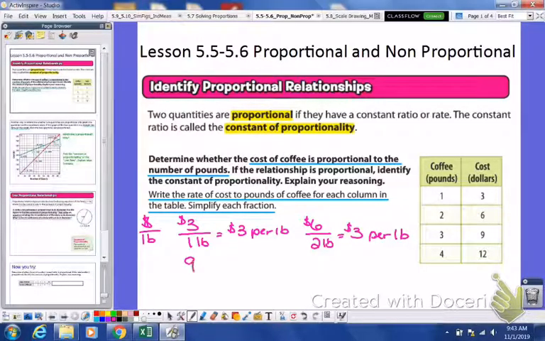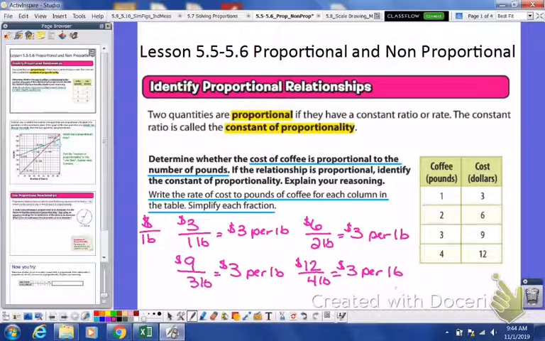Then if we look at our $9 bag, so $9 for 3 pounds, which reduces to $3 per pound. And our last row there, our 4 pounds cost $12 for 4 pounds, which 12 divided by 4 does again give us $3 per pound.